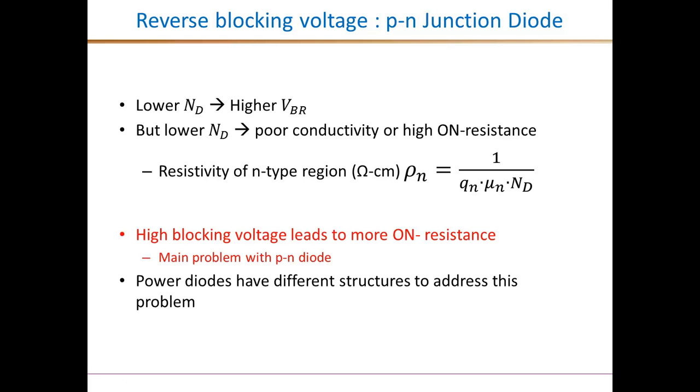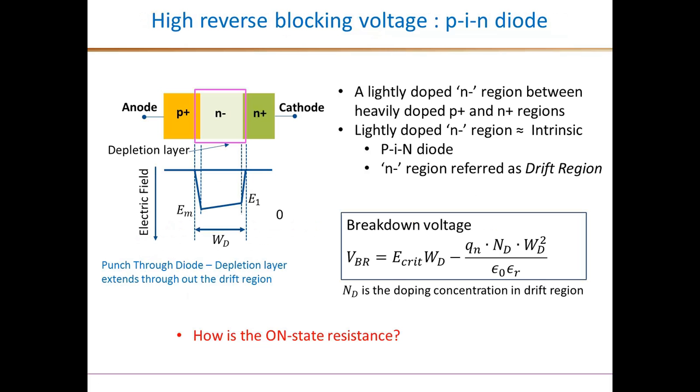Now, high voltage silicon diodes have tried different structures and different design trade-offs in solving this problem. Most of them have the so-called PIN structure. This consists of a lightly doped N minus region between heavily doped P plus and N plus regions.